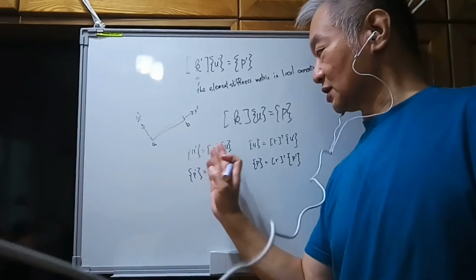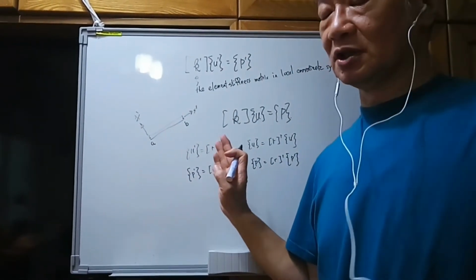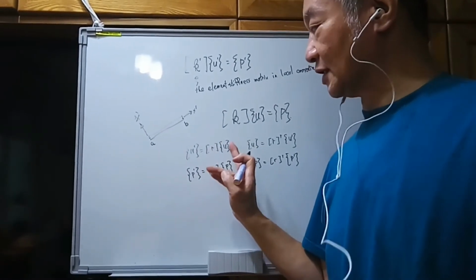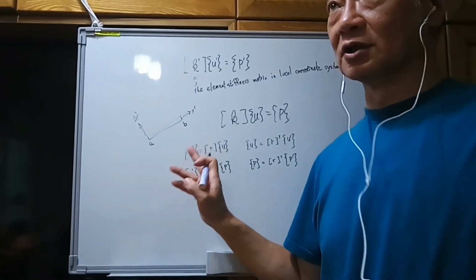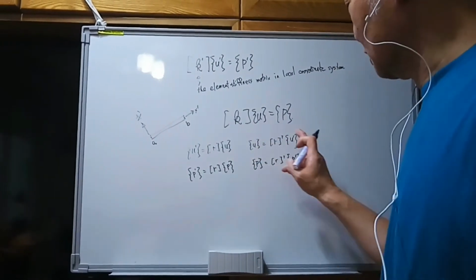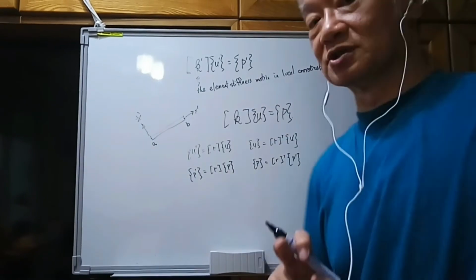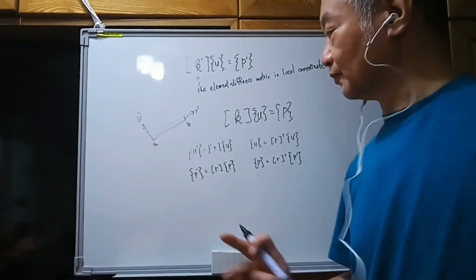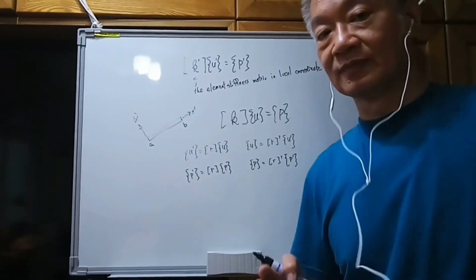The U prime is equal to R times U. The U vector, they are the vector components in global coordinate system. The U prime, they are the vector components in local coordinate system. We know the U and the U prime. Okay, we need to multiply the R transpose to the U prime, then we can get the U. So the transformation matrix we can calculate.